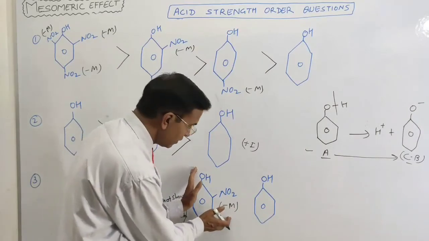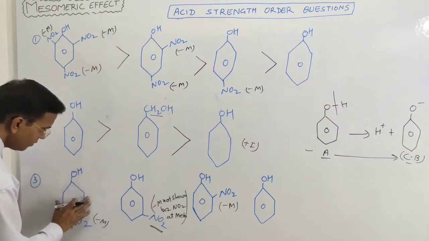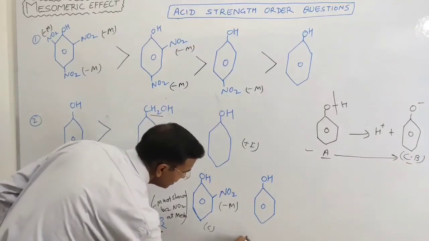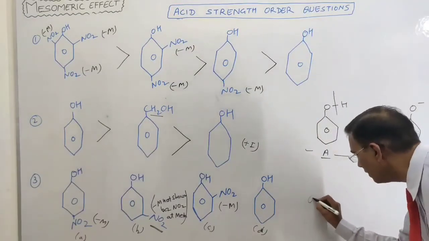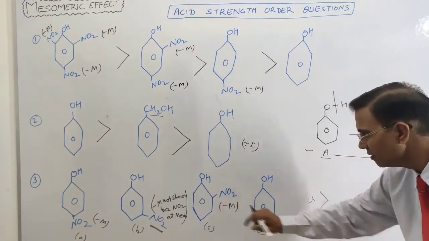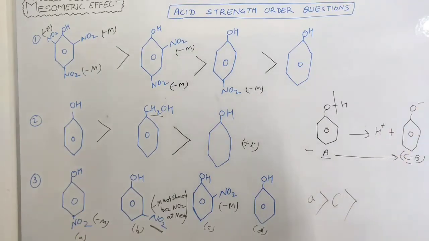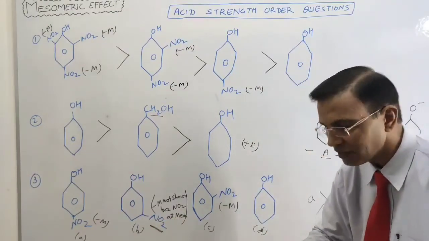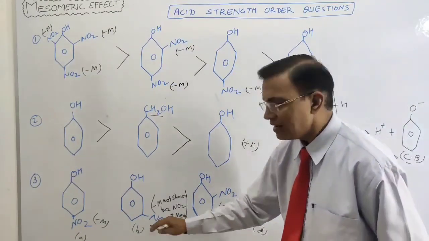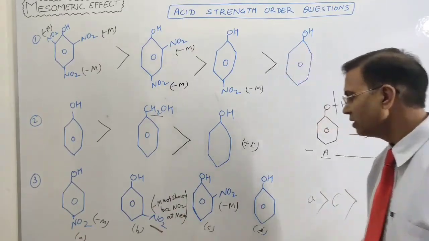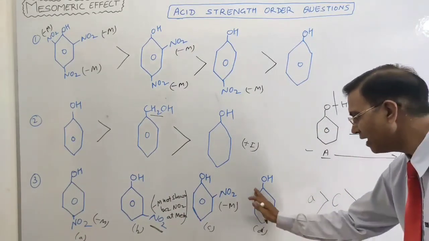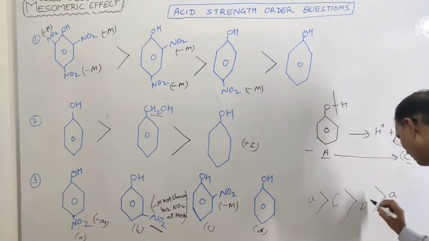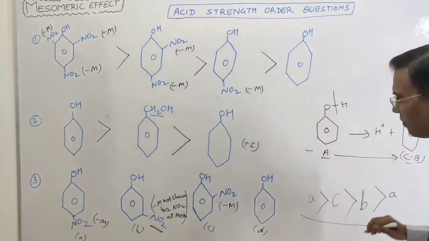So among A, B, C, D, the para one is first, then C, the ortho one. Then between B and D, NO2 at the meta position doesn't show minus M, but it is an electron withdrawing group itself, so it shows more acidity than phenol, which doesn't have any NO2 group. So B will be more than A, right? This is the acid strength order among the given species.